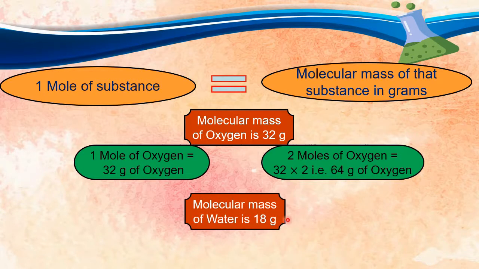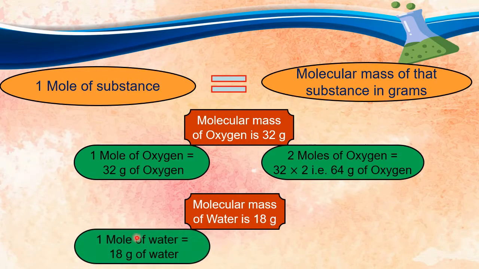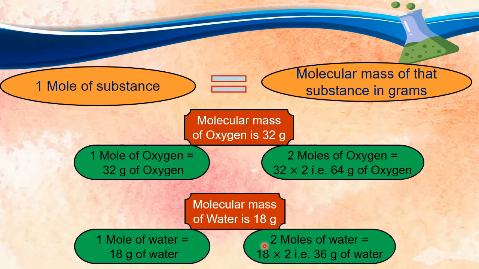Molecular mass of water is 18 grams. Therefore, 1 mole of water contains 18 grams of water and 2 moles of water contains 18 into 2, that is 36 grams of water.